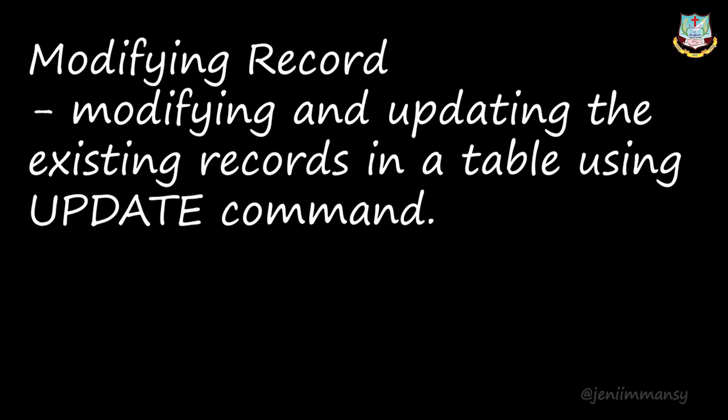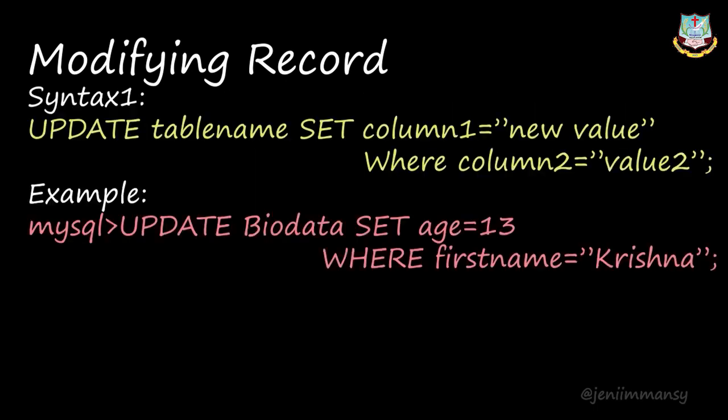In this update command, see the syntax: update, and then you have to give the table name. Set column 1 is equal to the new value, where column 2 is equal to value 2. In this example you will understand. Update biodata set age is equal to 13, where first name is equal to Krishna.